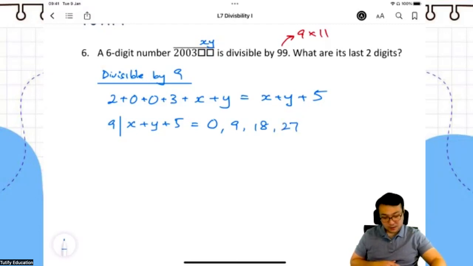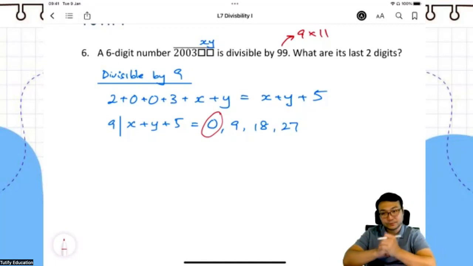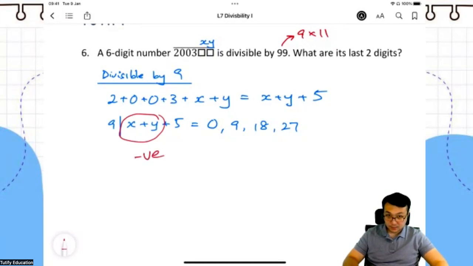Okay, so is it possible that the answer is 0? Is it possible that x plus y plus 5 will give us 0? No. Why not? Because x and y cannot be negative.